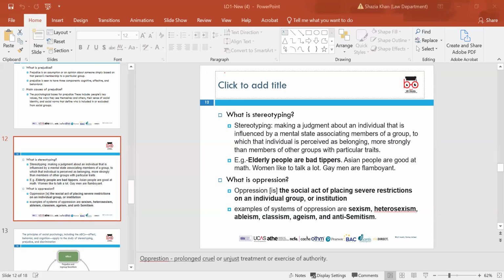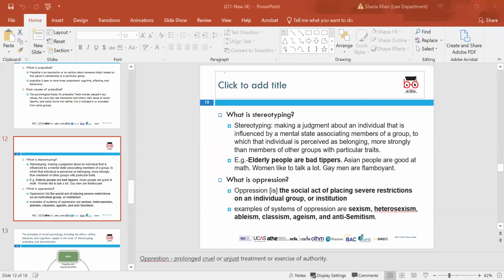Examples of oppression could be ageism, heterosexism, sexism, and anti-Semitism. So these are where we're looking at oppression.